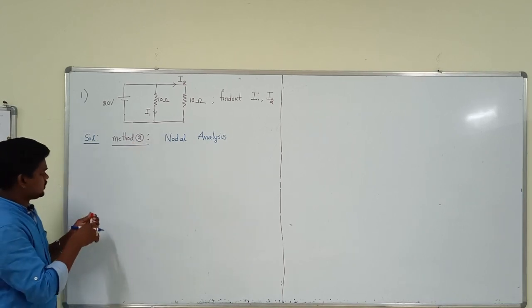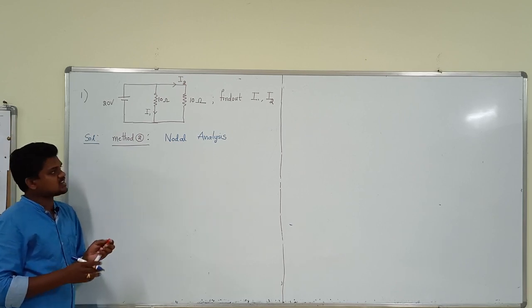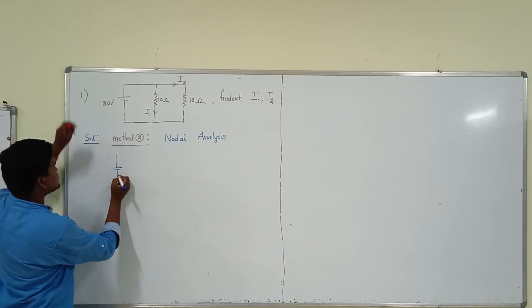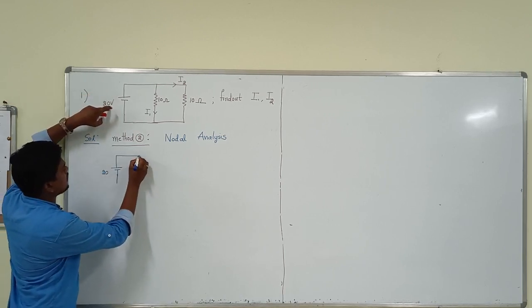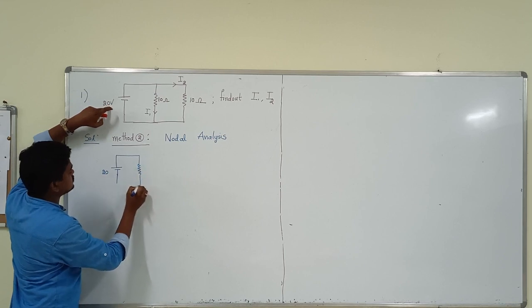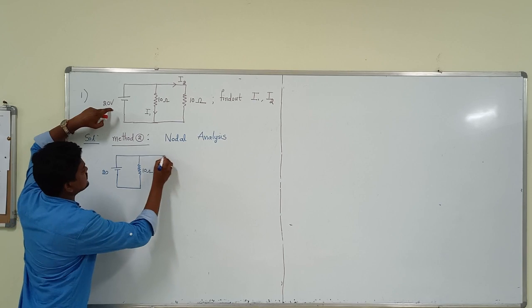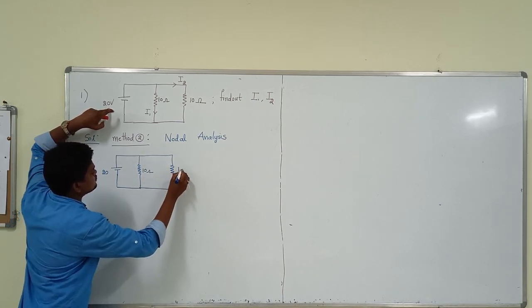So look at here. First, in order to apply the nodal analysis, you observe how many nodes are available in the circuit. So this is the circuit, this is 20 volts and this is the 10 ohms, and the second resistor is again 10 ohms.